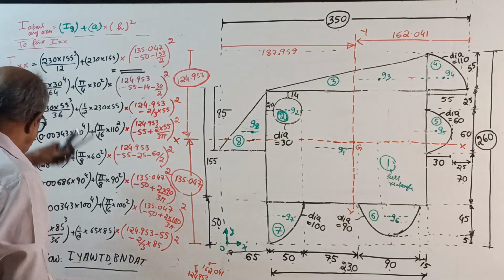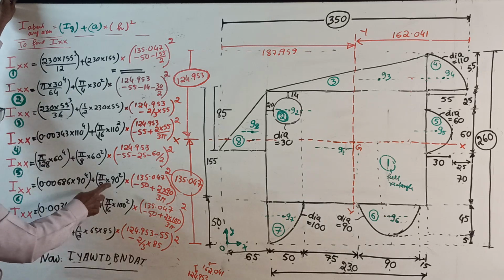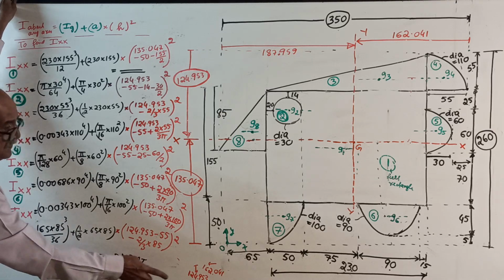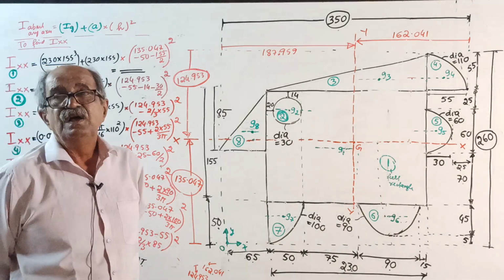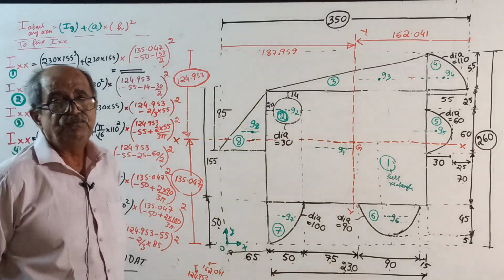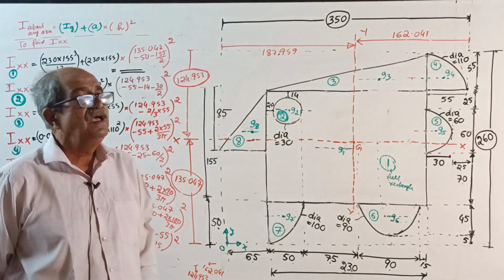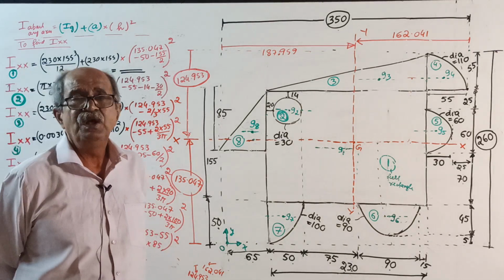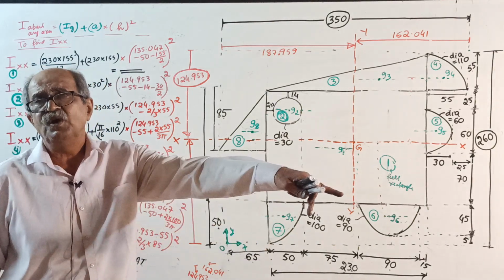Now, if you ask, okay, we got all the values, what to do? Better not do anything. There is no space to write here. Calculate each and every one. Then finally, Ixx for the entire given area is Ixx for 1 minus Ixx for 2, then keep on adding, plus, up to Ixx for 8.